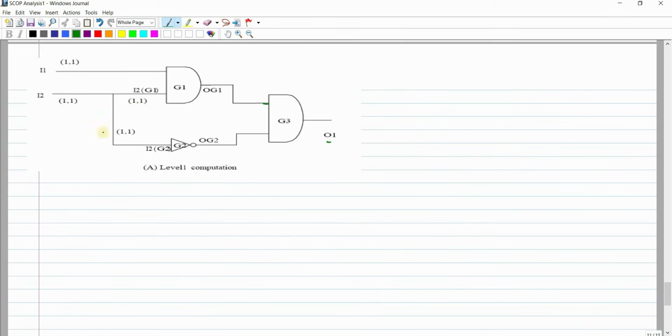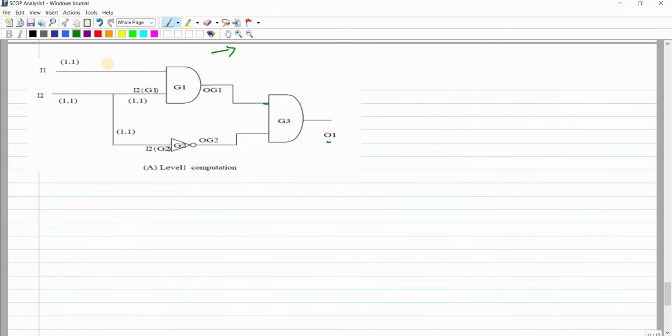First of all, see this, guys: it is a purely combinational circuit, without any flip-flops and such things. It consists of only logic gates. So first of all you have to confirm whether it is a combinational circuit or not. It consists of only logic gates, no flip-flop, so simply it is a combinational circuit. Then we can proceed with the rules. If you remember the table, we can simply solve this problem.